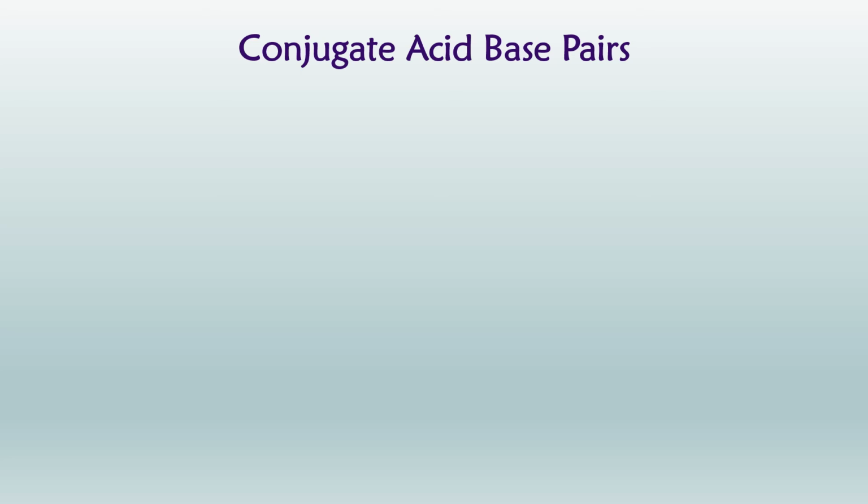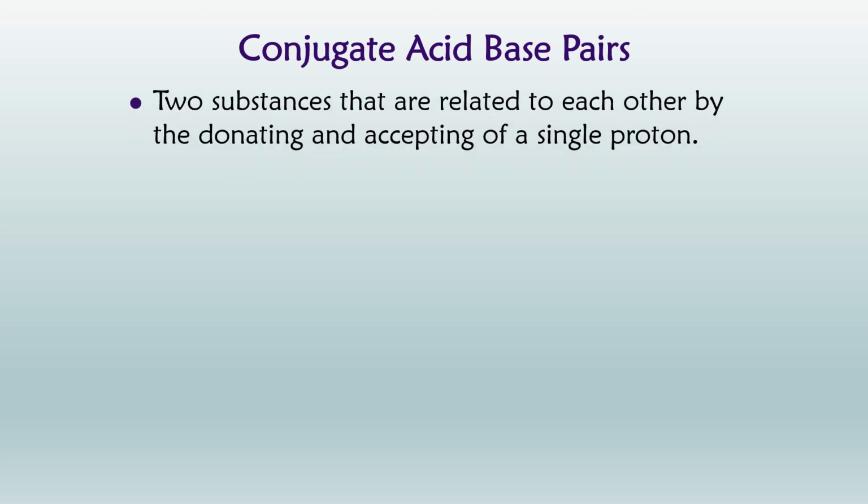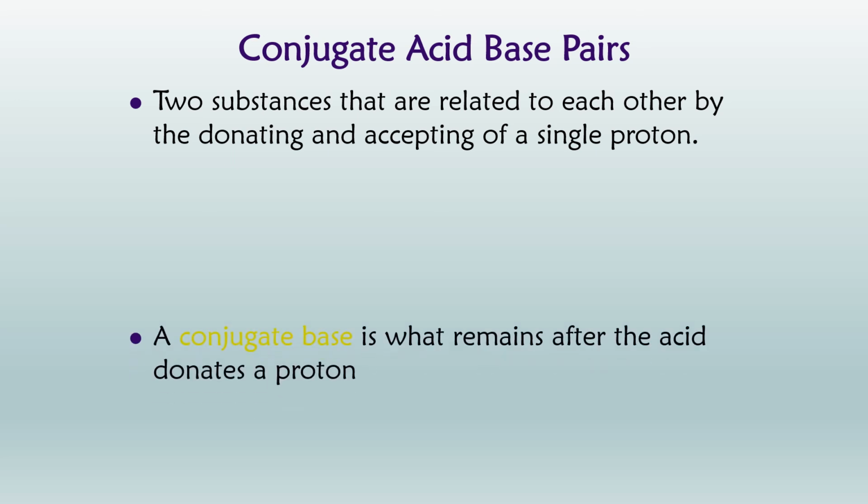So now what happens is that, according to Bronsted-Lowry theory of acids and bases, after the acids have donated their hydrogens and the bases have accepted a hydrogen, a proton, they make that relationship with each other that we call the conjugate acid-base pair. So basically, a conjugate base is whatever is left off after the acid has donated its proton.